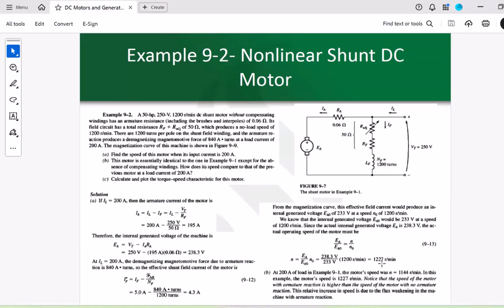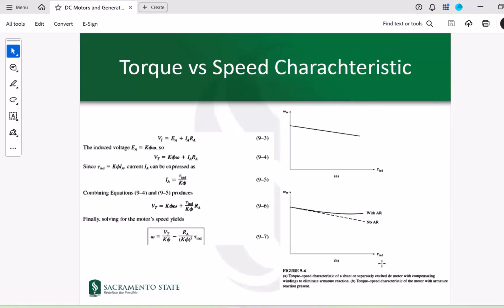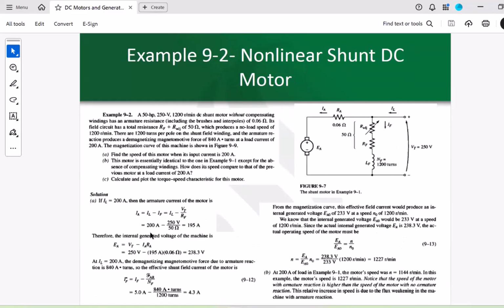So the speed has increased, and that's the effect of armature reaction. Because armature reaction reduces the effective phi in the machine, it will result in increasing the speed based on this equation. If phi is reduced due to armature reaction, then omega will increase. And that's what we just saw in this example.